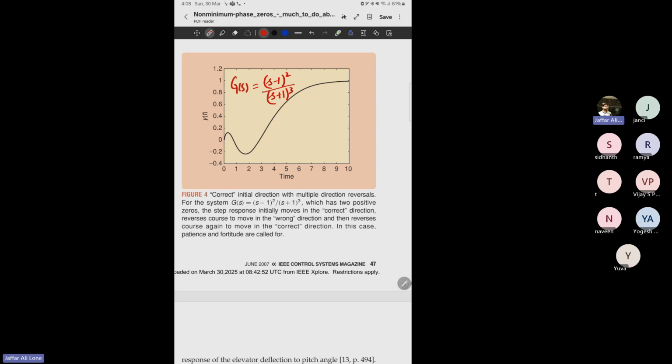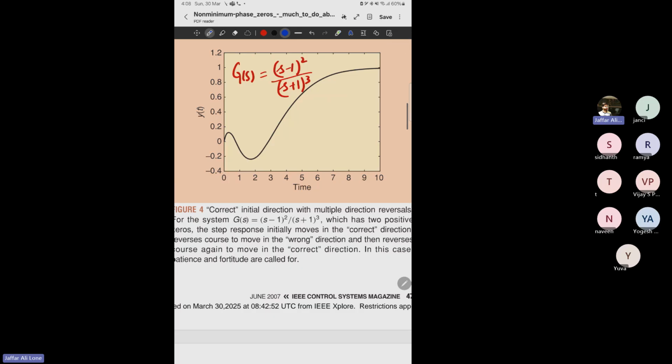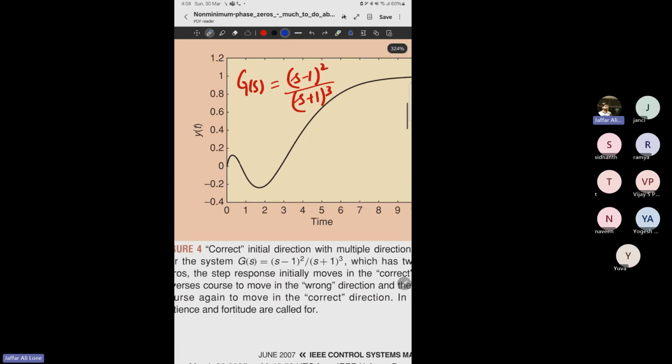Try to understand this. Again, initially the system started in the correct direction, then it reverses, goes into the wrong direction, again reverses its direction and comes into the right direction, right? But you can see the poles are in the left half, so my system is stable. But I am adding two zeros in the right half plane. And by adding two zeros in the right half plane, I can see there are two zero crossings.